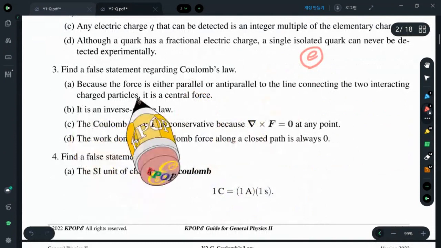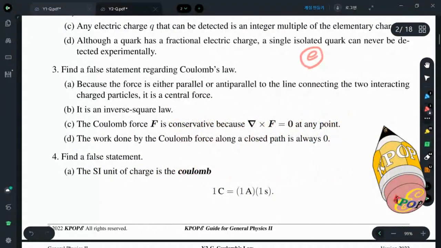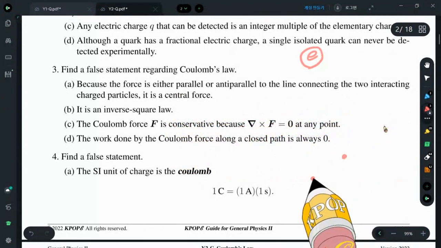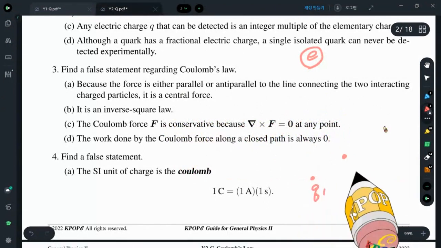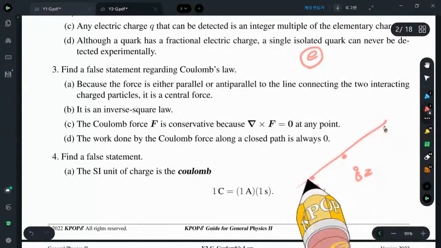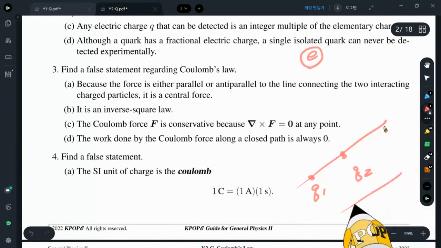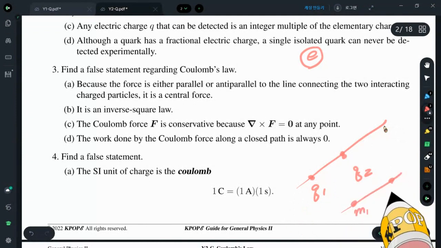Coulomb's law. Coulomb's force is either parallel or anti-parallel to the line connecting two electric charges, Q1 and Q2. The Coulomb force is along the radial direction that connects the two charges. It is very similar to the gravity that connects two masses.